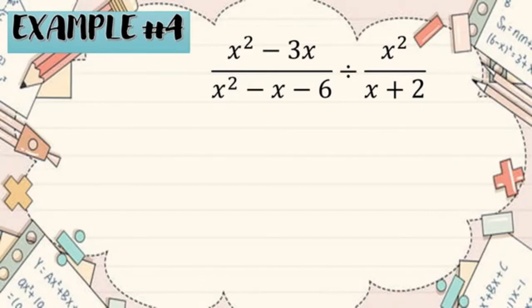So the very first thing that you're going to do, class, is identify what factoring technique we are going to use in each term, or if we could still factor them, or if it's already simplified. Okay, let's have here first x squared minus 3x. What factoring technique are we going to use in this one? Yes, good. We could use common monomial factor.